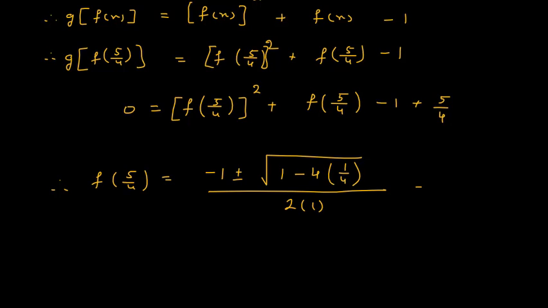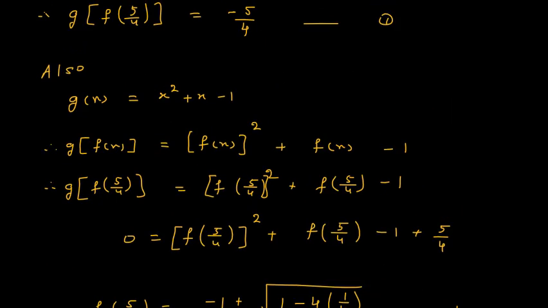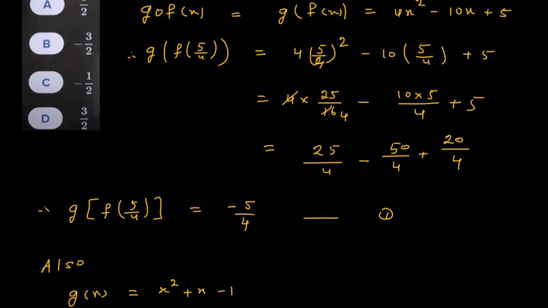This is a quadratic equation. Now this 4 4 will cancel, 1 minus 1 is 0. So this is minus 1 divided by 2. So let us check, is minus 1 divided by 2 there? Yes. So option C is the right option.